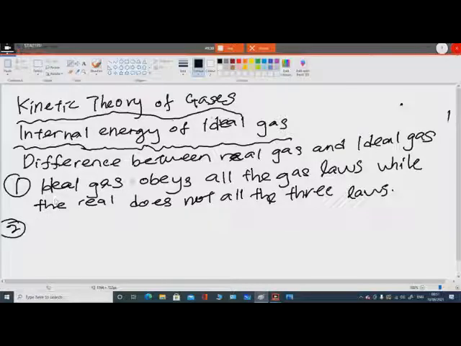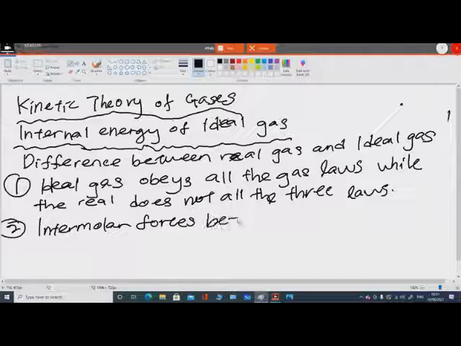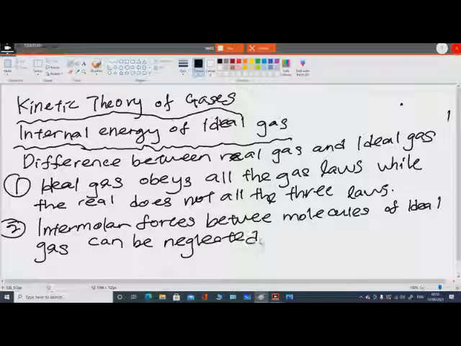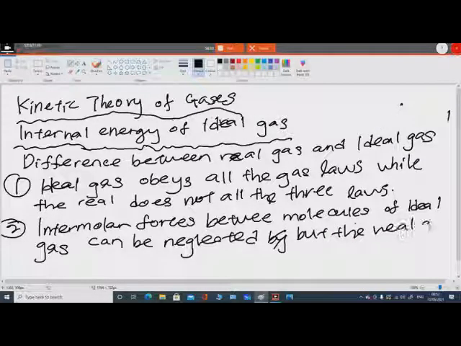As for the second difference, from the previous video, the intermolecular forces between molecules of ideal gas can be neglected, but for the real gas they cannot.